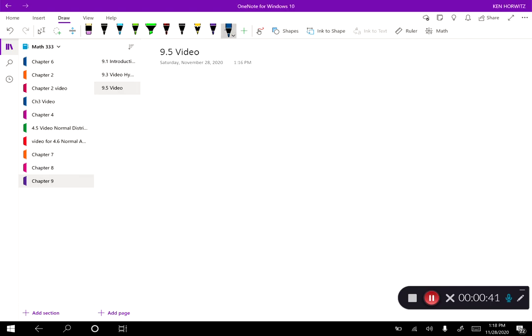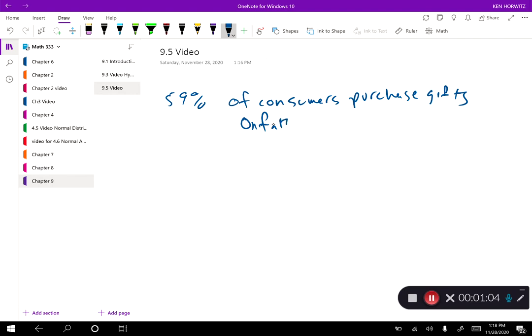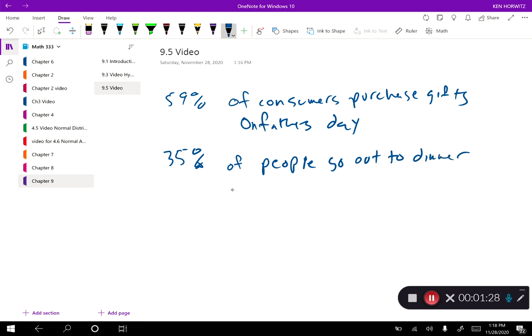So if you saw something in the problem like 59% of consumers purchase gifts on Father's Day, or something like 35% of people go out to dinner once a week.